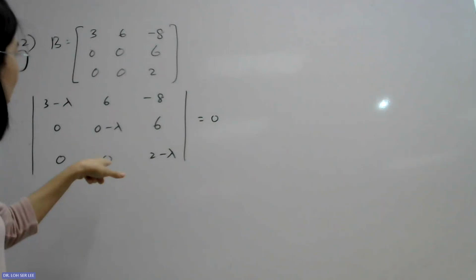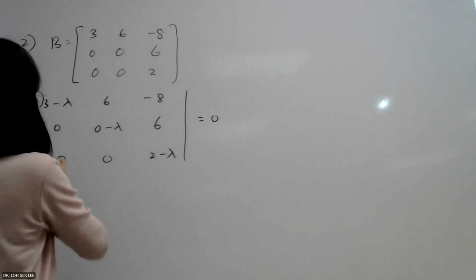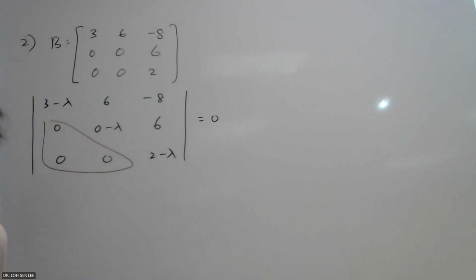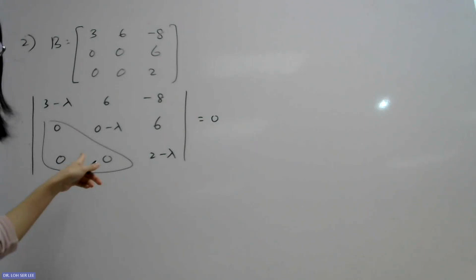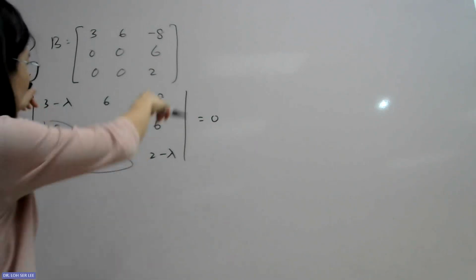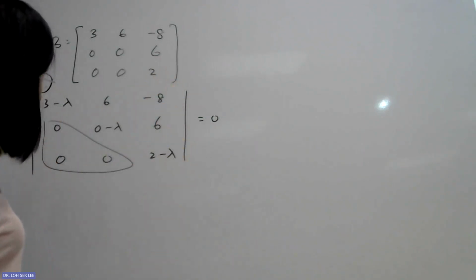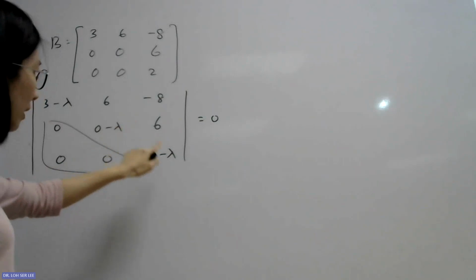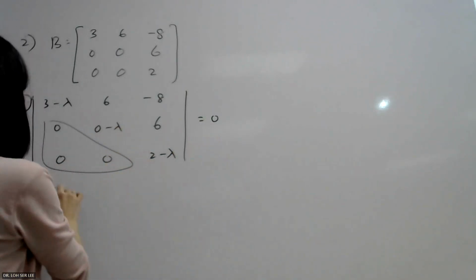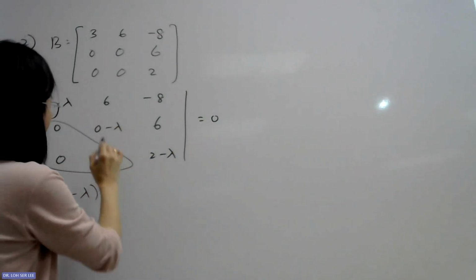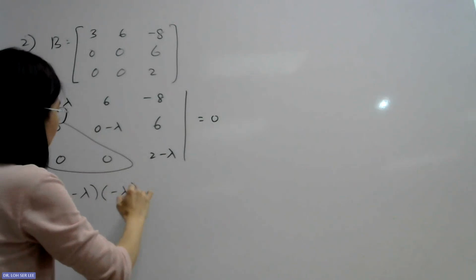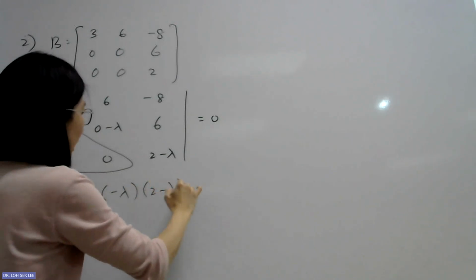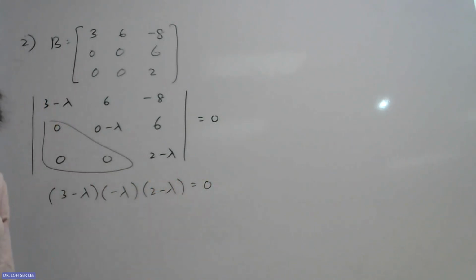Look at this. What is this matrix? This is a triangular matrix, right? For a triangular matrix, when you get the determinant, we just need to multiply this one with this one with this one, right? 3 minus lambda, 0 minus lambda is negative lambda, 2 minus lambda equals to 0.